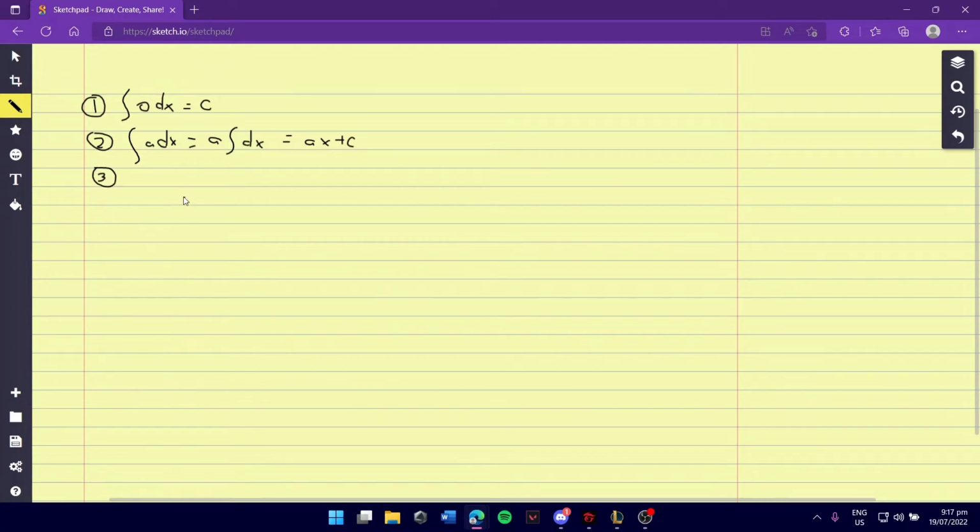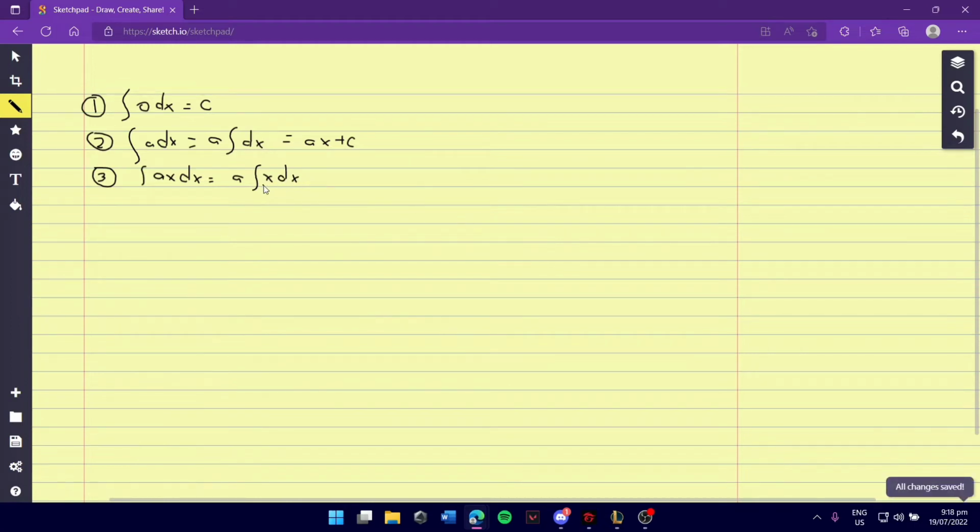For our third formula, we have a times x times dx. Just like the previous example, we factor out a and then copy the remaining terms.